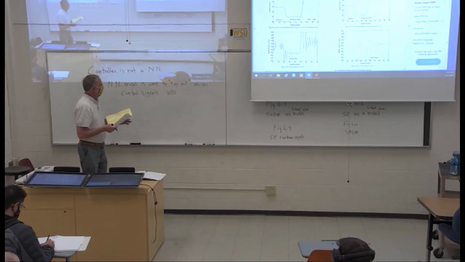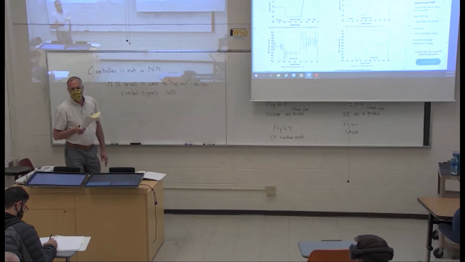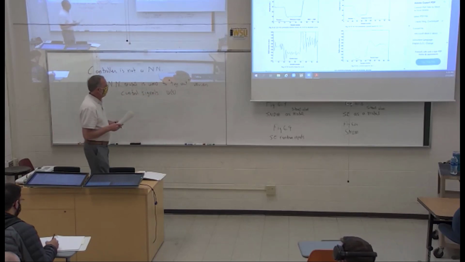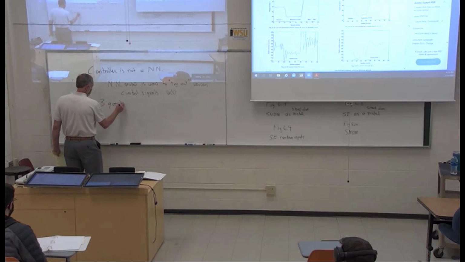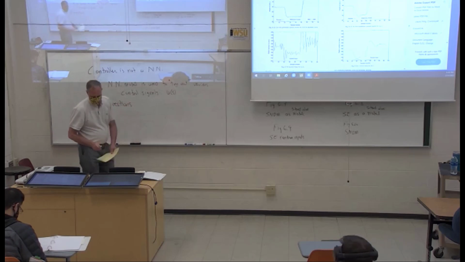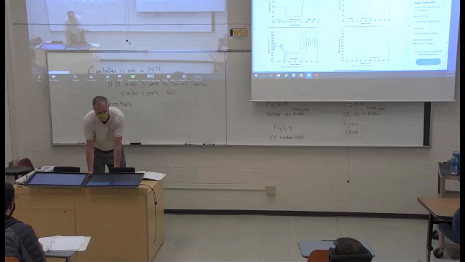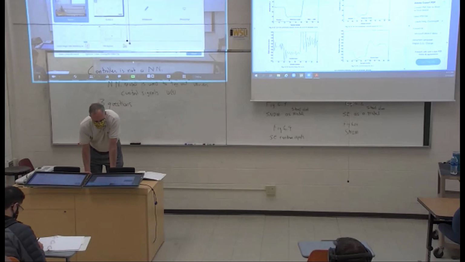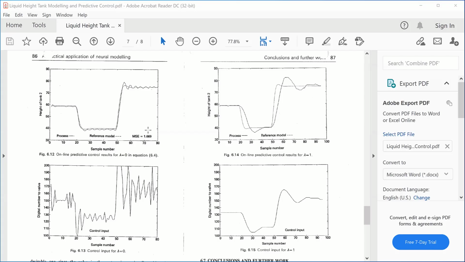All right, so again, there is no neural net control architecture in this paper. So I'll show you the results, and then we're going to ask the 3 questions. Here are 2 different sets of results.